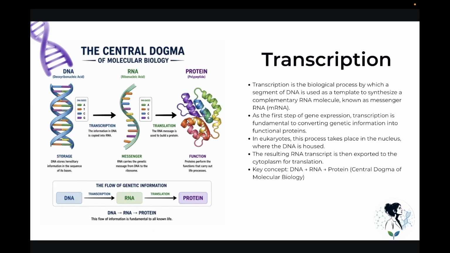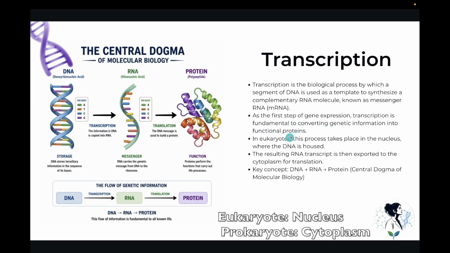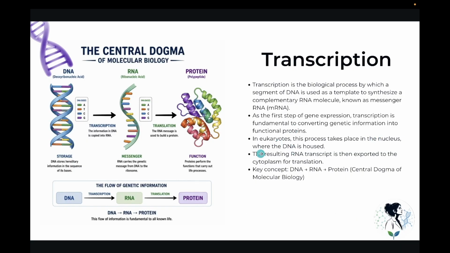So what is transcription? Transcription is the biological process by which a segment of DNA is used as a template to synthesize a complementary RNA molecule, which is known as messenger RNA. Transcription is the first process which helps to form the functional protein, and in case of eukaryotes this process takes place in the nucleus where DNA is stored, and in case of prokaryotes it occurs in the cytoplasm.